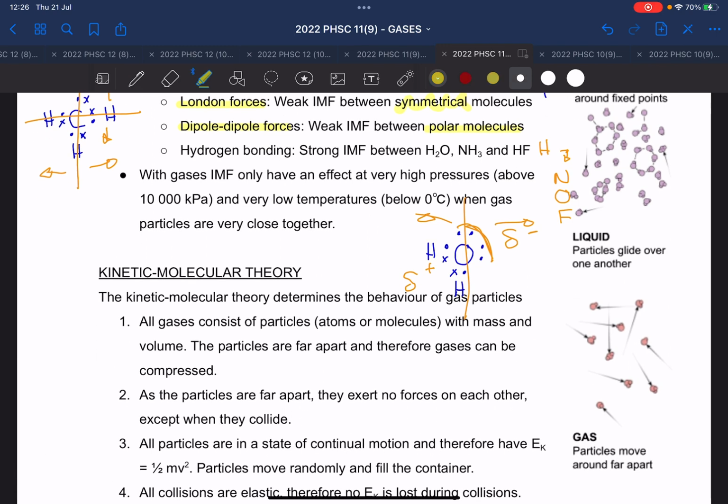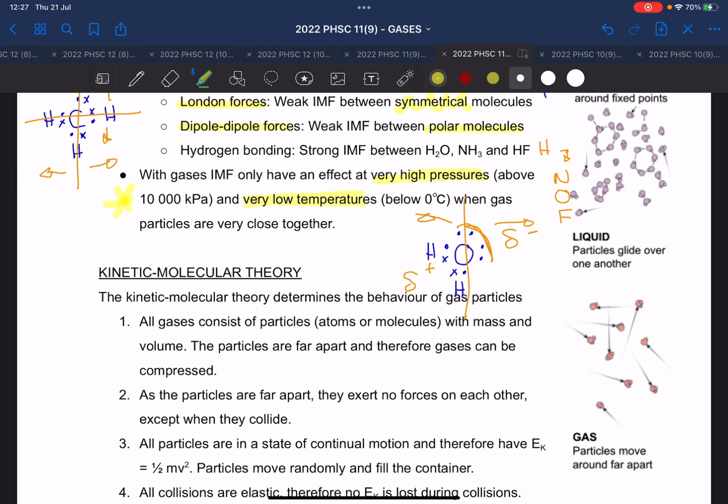This is very important. With gases, the intermolecular force only has an effect at very high pressures and very low temperatures. Does anyone know why? For intermolecular forces to have an effect on molecules, they have to be close to each other.